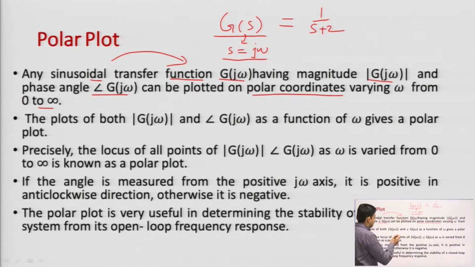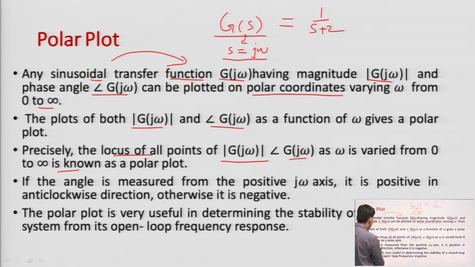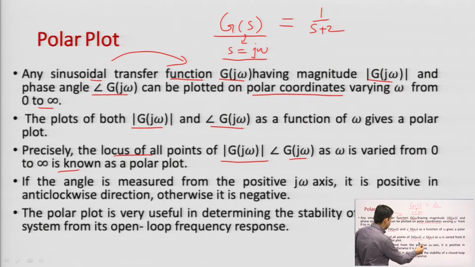This plot will consist of the mod value of G(j omega) and the angle of G(j omega) as a function of omega. It gives us the locus of all points, mod and angle, as omega is varied from 0 to infinity. Generally the angle is measured with respect to the positive j omega axis.